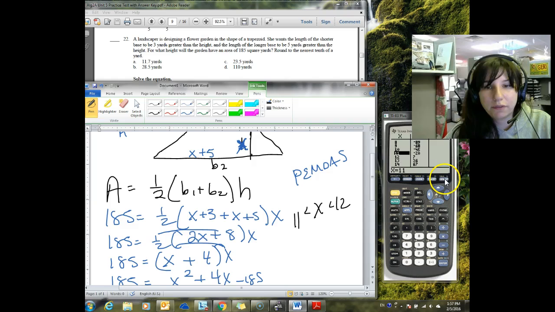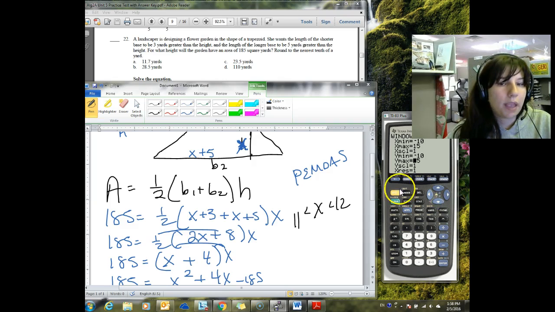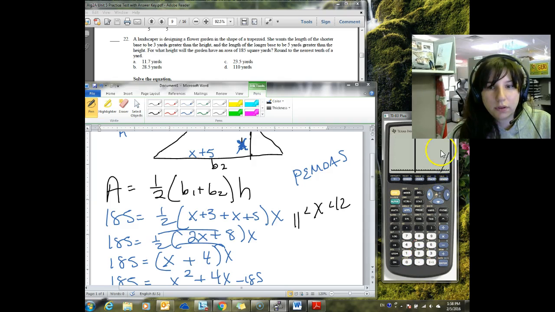So we can go to my graph. Let's put our window back the way it was. And I need to go up to, let's say, 15. And so my x was 15, my y, it's 185, so let's make this a little bigger. Okay.